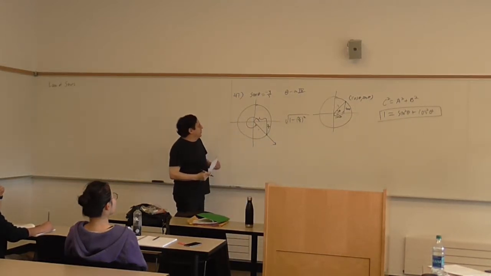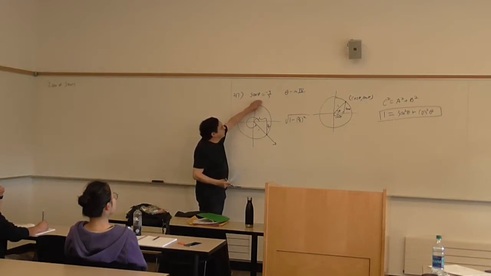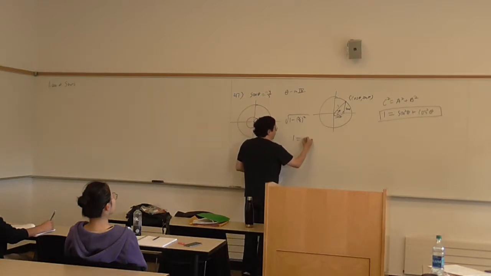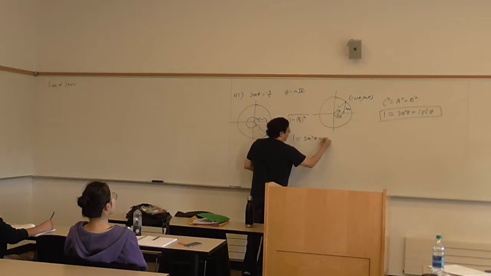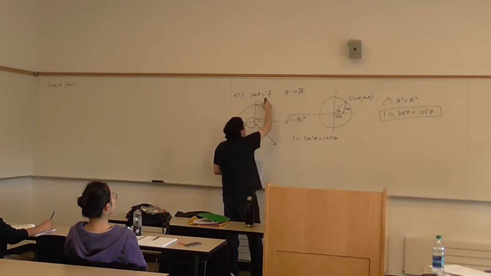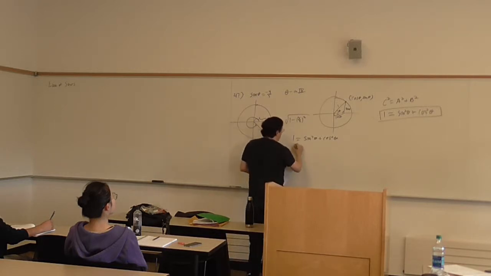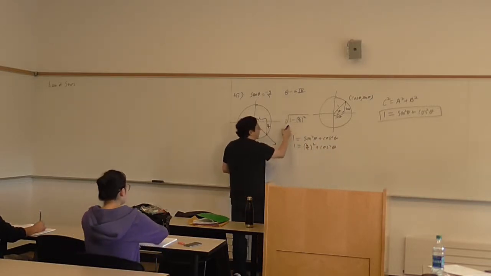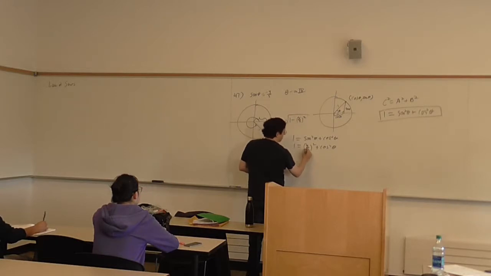And if you had that information, when you look at this problem, you don't have to go through all of this. You can just immediately say, well, I want to know the cosine of theta. If I have the sine of theta, I know that 1 equals sine squared theta plus cosine squared theta. Sine of theta is minus 4/5, so 1 equals 4/5 squared plus cosine squared theta, and then I get the same thing I have over here.